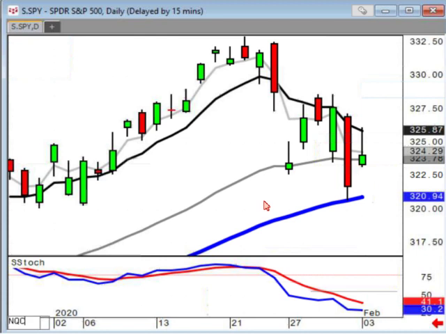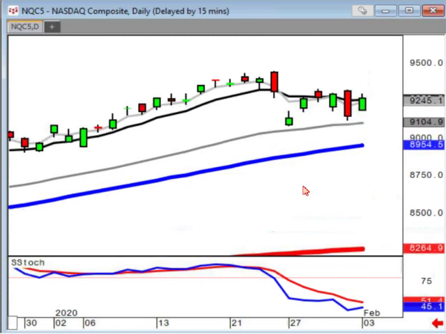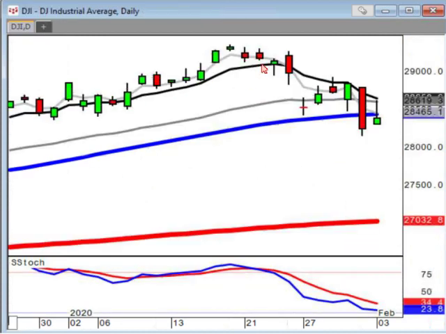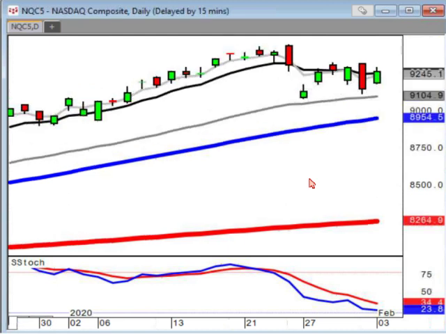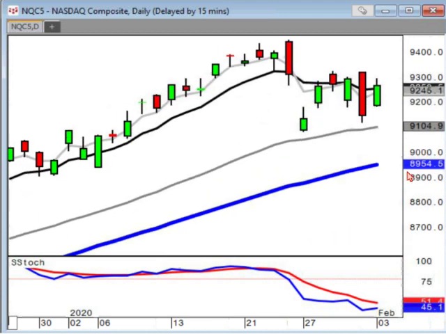Now here's the strongest of all the charts, the NASDAQ. You can see what the trajectory has been, whereas the Dow has been in this direction. The NASDAQ has been relatively flat, and notice what it did today.